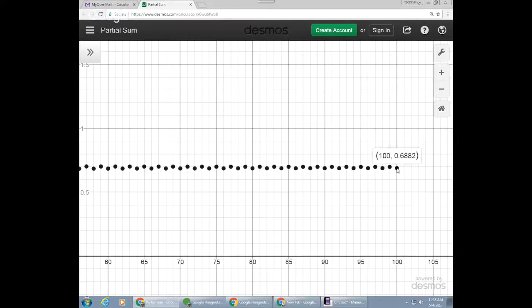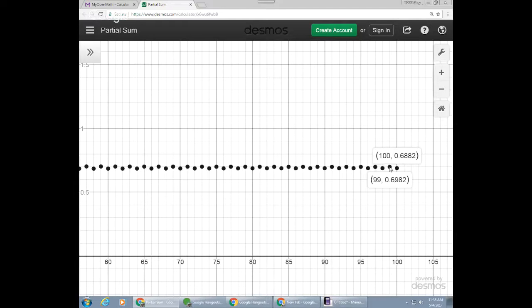That one says they are settling down to about 0.68-ish. Huh. Wonder what 0.68-ish could be. That one says 0.69. So somewhere between 0.69 and 0.68 is a special magic number.